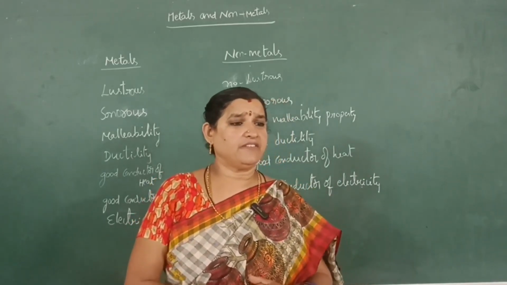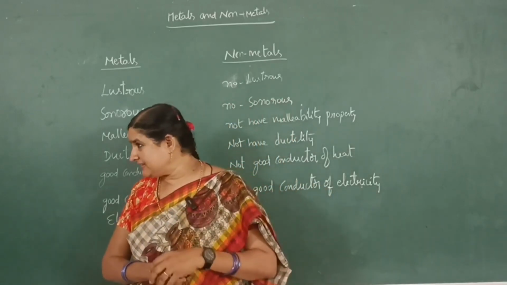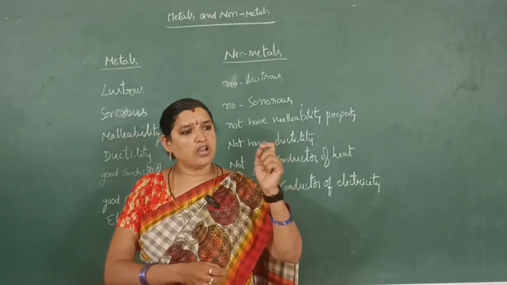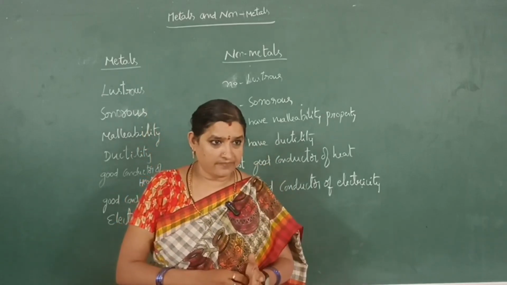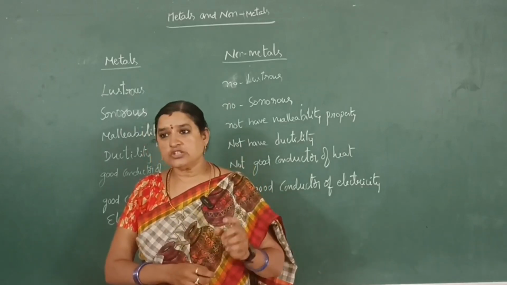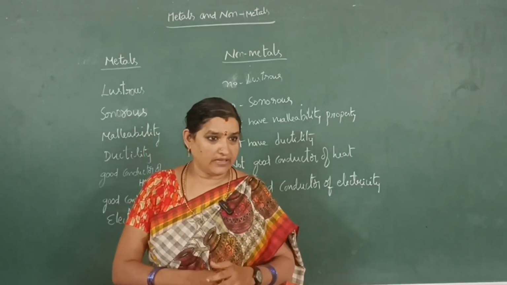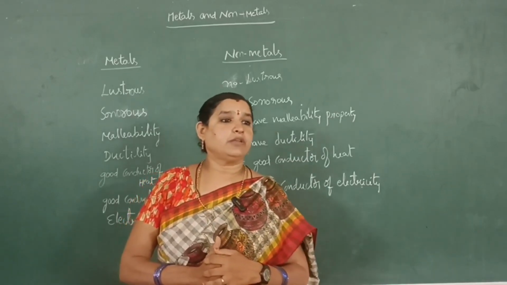Another thing: we already know that matter exists in three states: solid, liquid and gaseous. All metals are in the solid state and are also very hard, except one metal, which is called mercury.